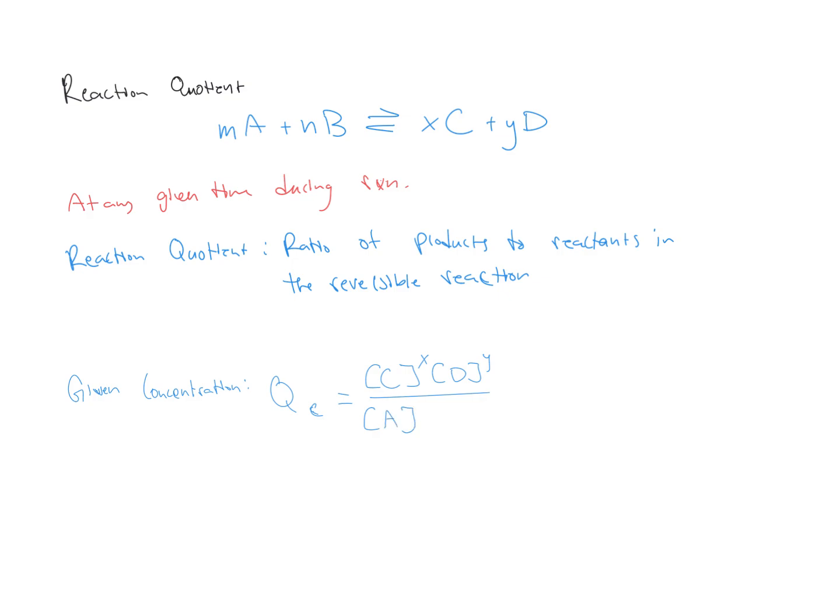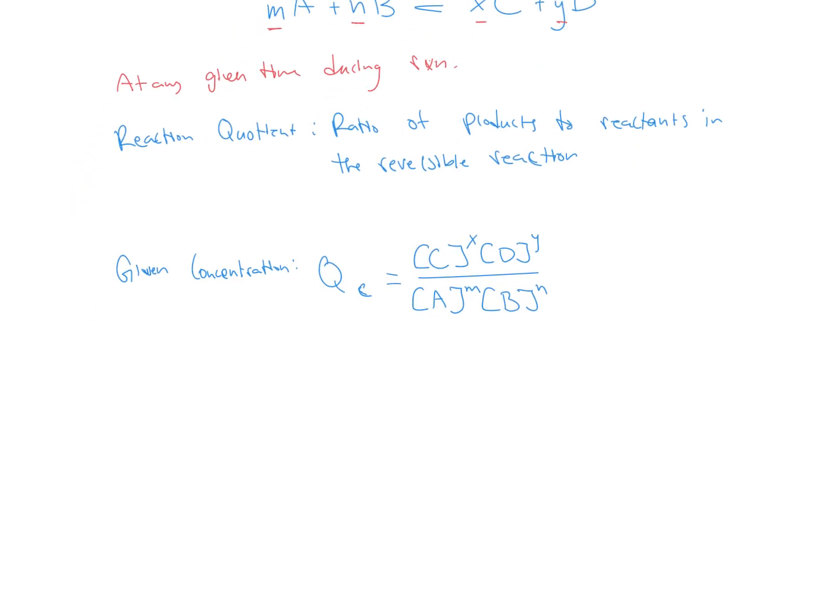Concentration of A to the M power, concentration of B to the N power. So if you want to find the ratio of products to reactants, you quite literally just take the ratio of those raised to whatever the stoichiometric coefficient is. And so that's one way to find the reaction quotient.